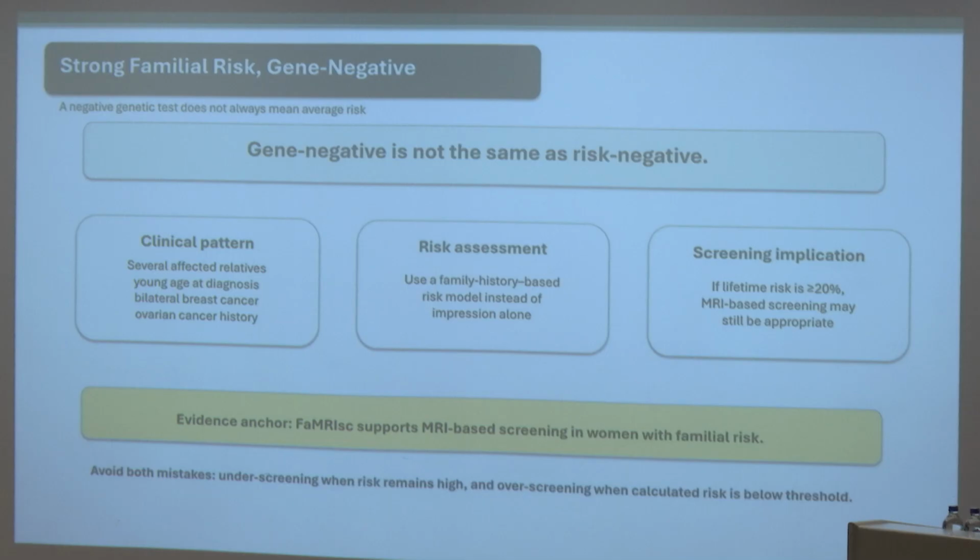And the screening implication: if the lifetime risk is more than 20%, MRI-based screening. Avoid both mistakes: under-screening when risk remains high, and over-screening when calculated risk is below the threshold. So it's not everything in one road.